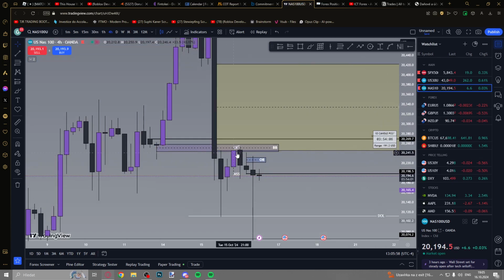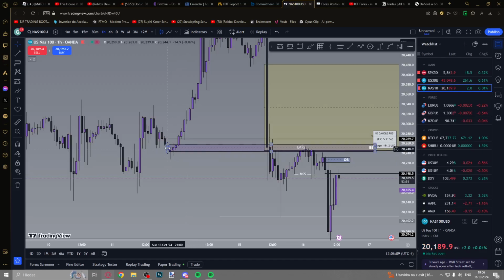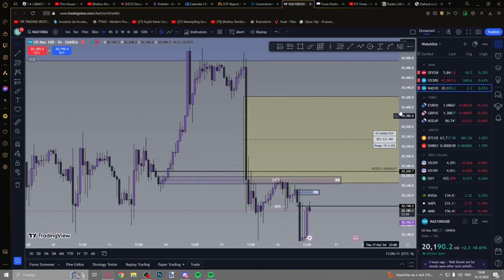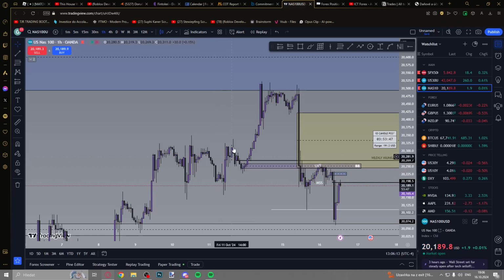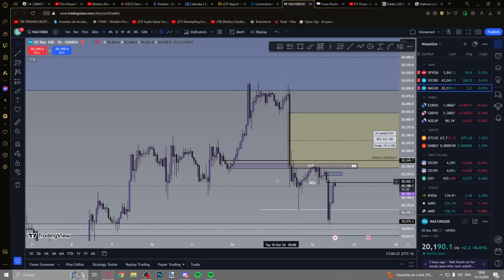So we went in, took the previous candle high with an SMT, and we went lower. If you go on the 1 hour, there was also a breaker block right here, right? Because we got a high, low, higher high, lower low. This is also a market structure shift.